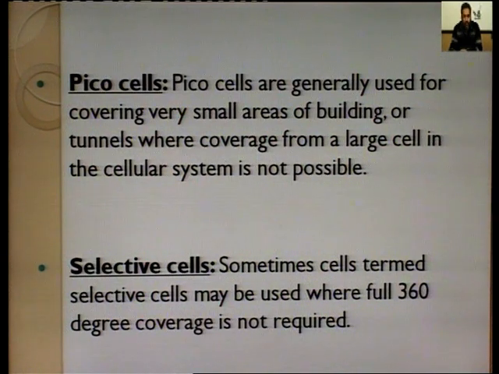Suppose we do not require coverage in all directions from the tower, since a tower located in the center would cover 360 degrees around it. Suppose we require coverage only in a specific area, because there is a population at a specific site and we do not need to cover the other side. There a special type of cell is used, which is called a selective cell.